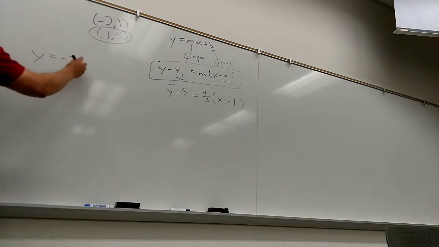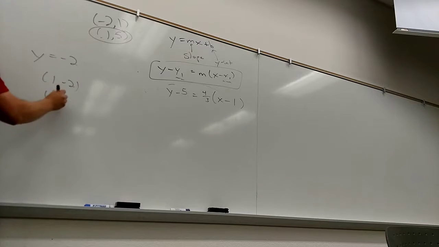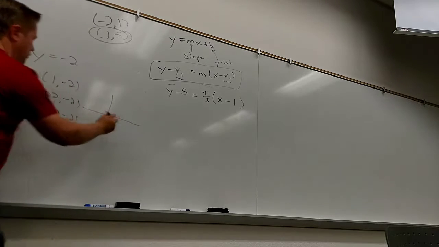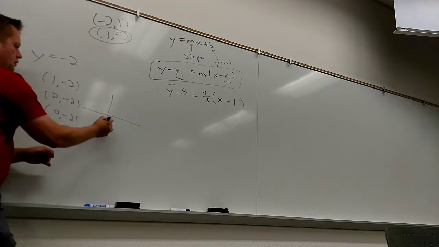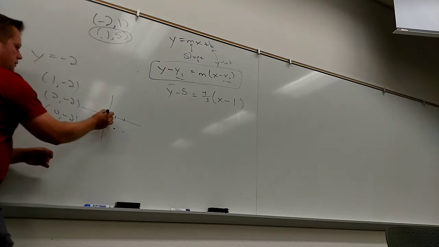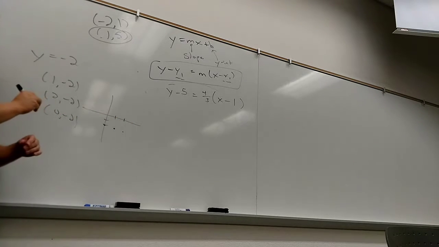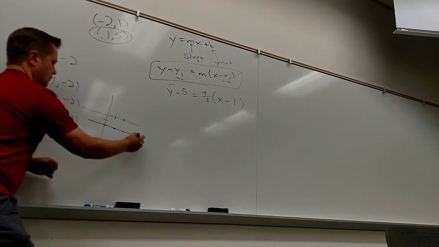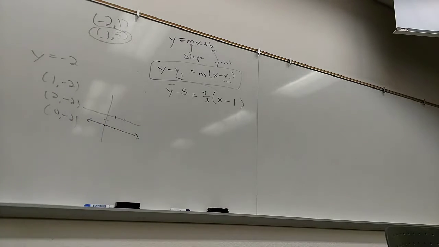1, -2, 2, -2, 0, -2, right? So what's true about every one of those? So obviously, I really want this to make sense.